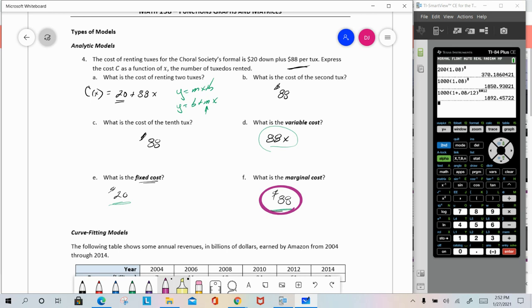To rent 0 tuxes will cost me $20. If I want to rent one tux, it's another $88. For the second tux, it's another $88. For the third tux, it's another $88. For the fourth tux, it's another $88. For the fifth, it's another $88, and so on. Each additional tux costs the same. My cost of renting these tuxes is going to increase by $88 for each additional tux. That's a linear model.